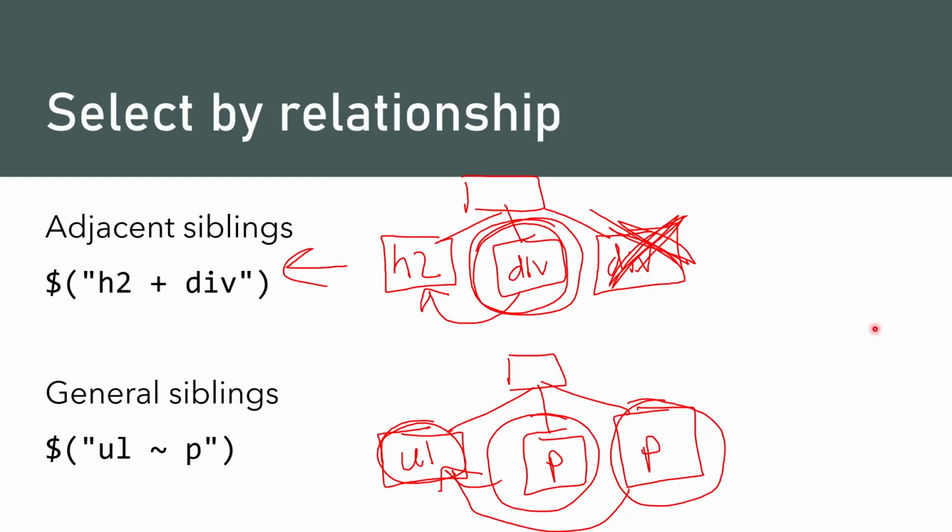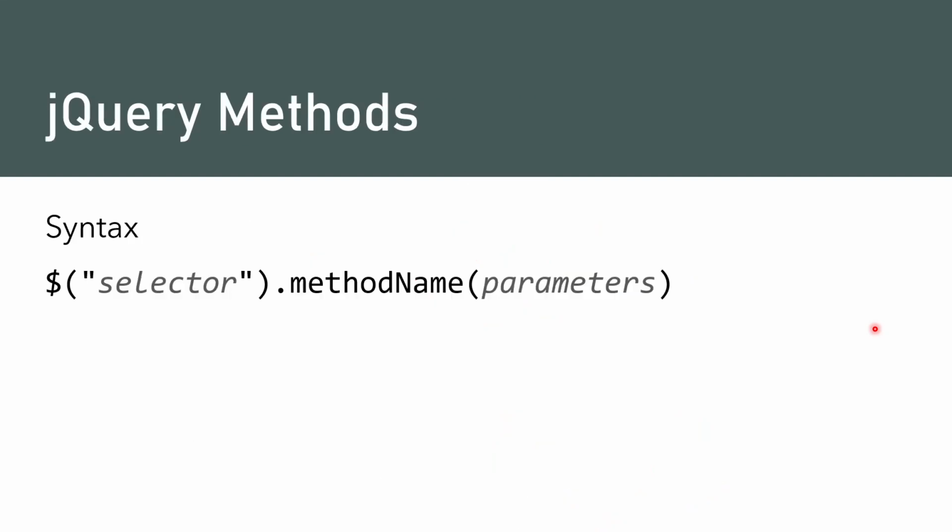But if you are just looking for one, or even if you do select multiple things, you can apply a jQuery method to any elements that you select here. And so we can just chain that with the dot notation, and then depending on the method, it may need some parameters. So we've kind of seen this sort of syntax already for using methods.